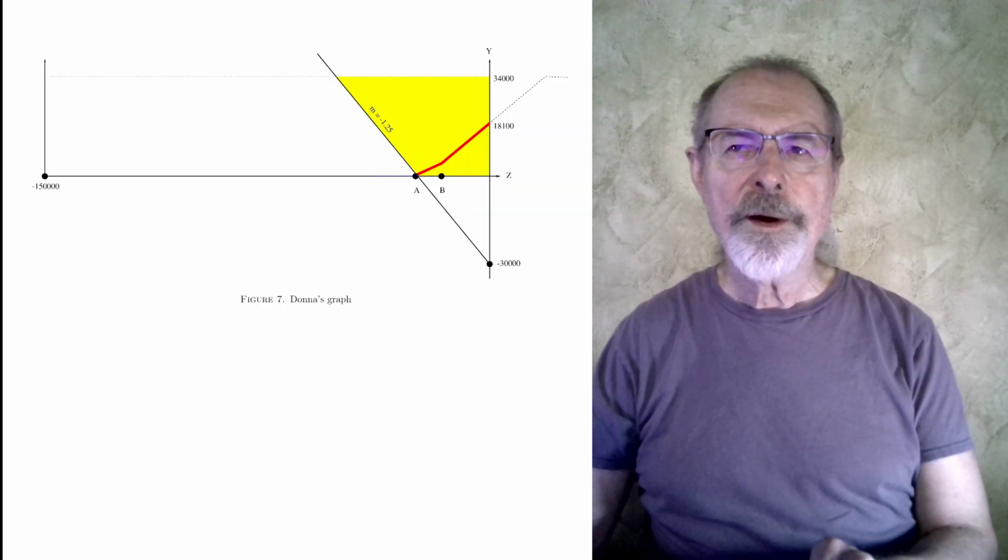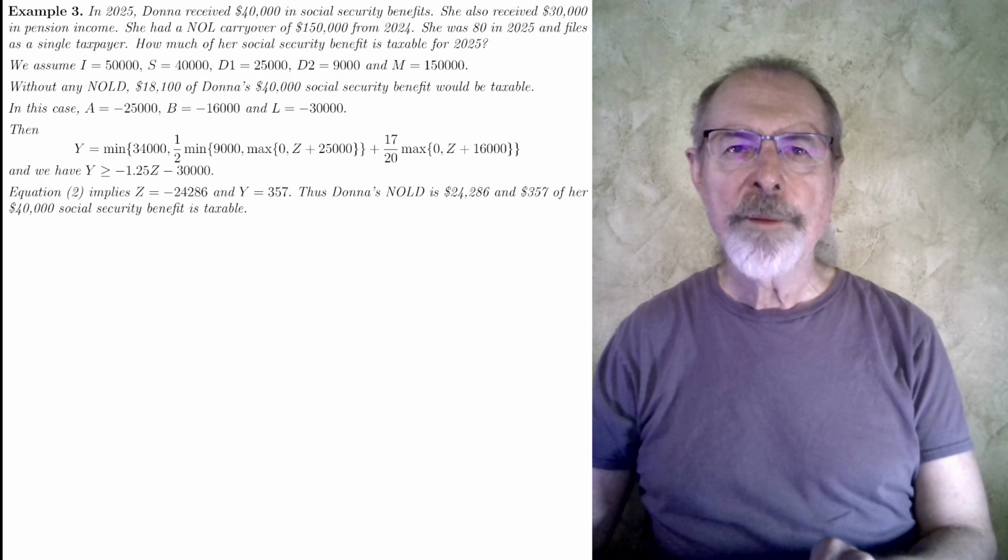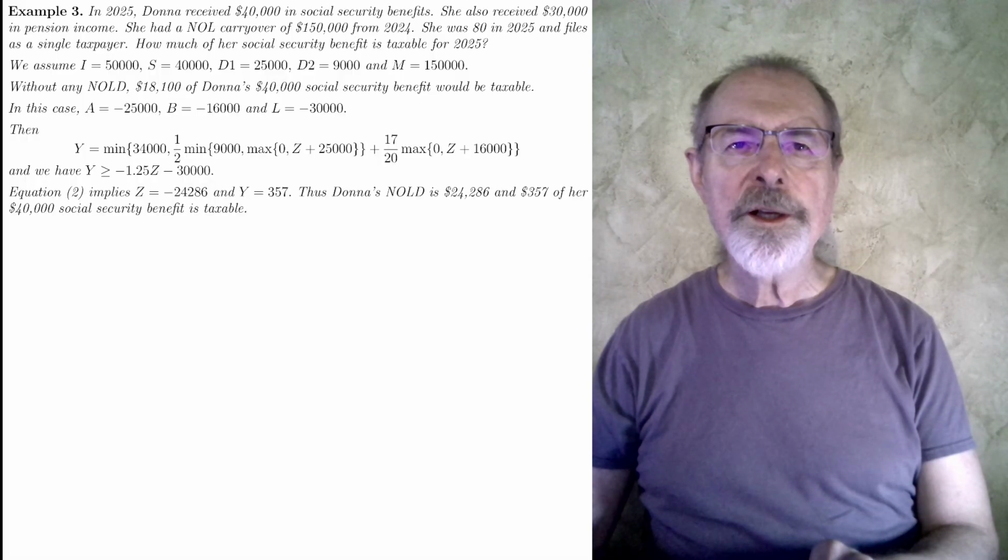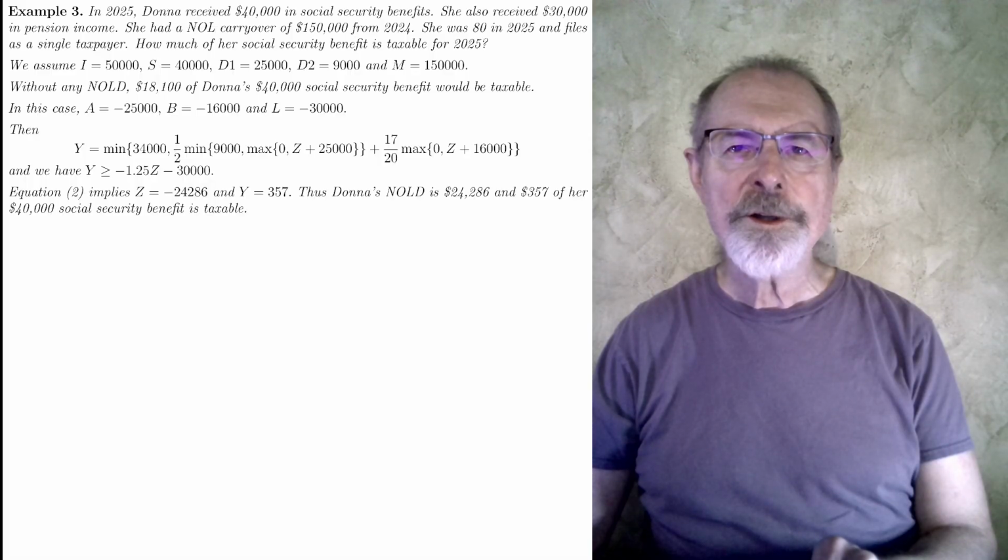If it did, then none of her benefit would be taxable. And in fact, if we go through the computations, we see that her NOL deduction is $24,286, and $357 of her $40,000 benefit would be taxable.